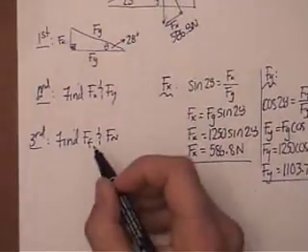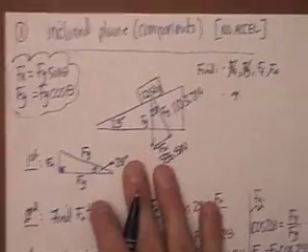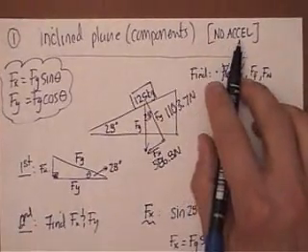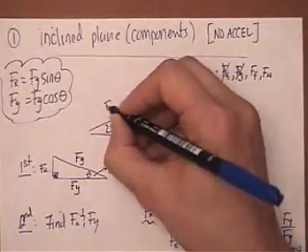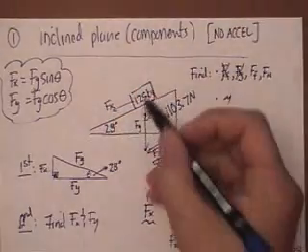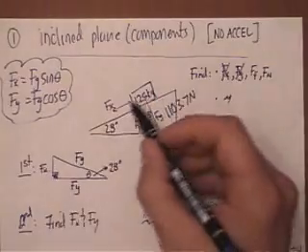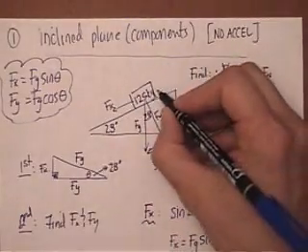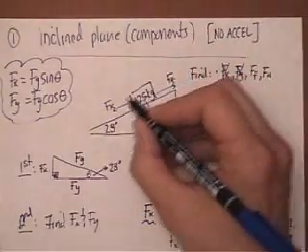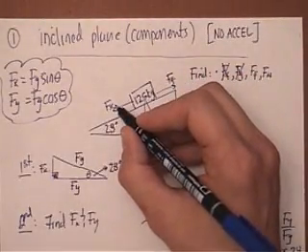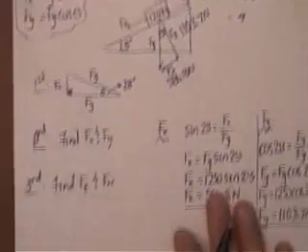The thing is moving with no acceleration, which means that if I take my force in the x direction, it's pulling the 125 down this way. This force has to balance off against your force of friction. If your force of friction is equal to your Fx, then that's pretty easy.